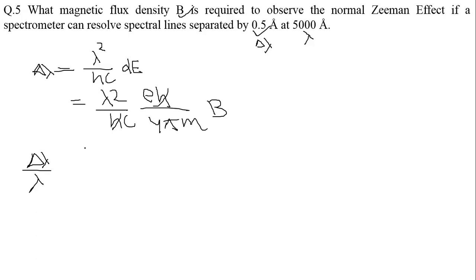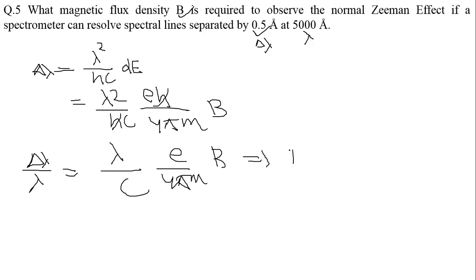So delta lambda by lambda will be lambda by c into e by 4 pi m into B.